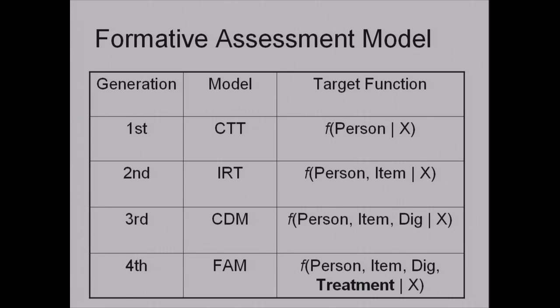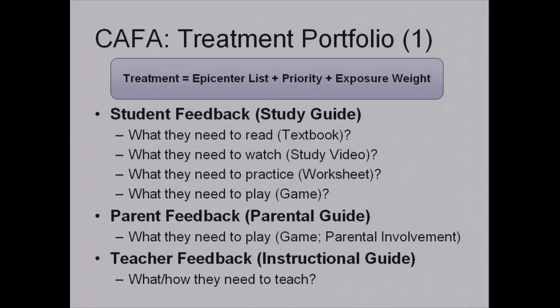So there are first-generation through third-generation models, and I call the fourth generation the formative assessment model, which, given data, has a person parameter, an item parameter and a diagnosis parameter, and on top of the diagnosis parameter, we also estimate a treatment parameter. Let me explain what role the formative assessment model plays inside this CAFA system. The CAFA system basically estimates treatment.